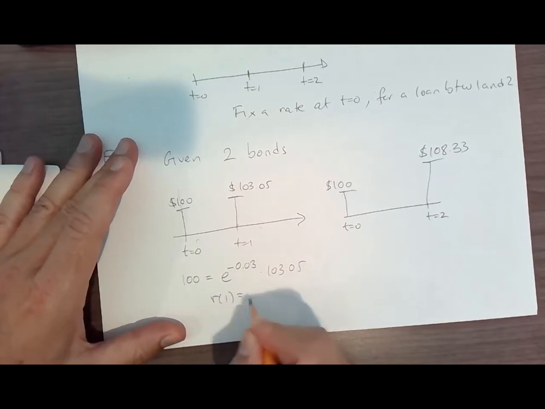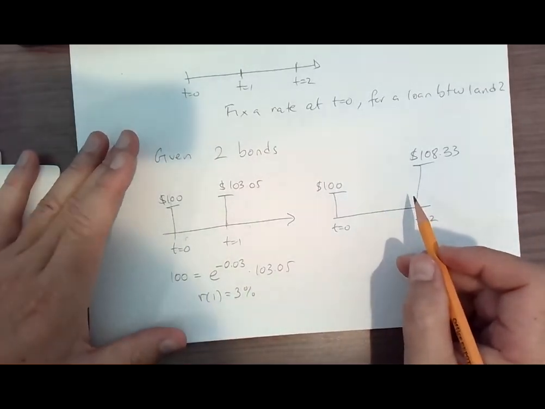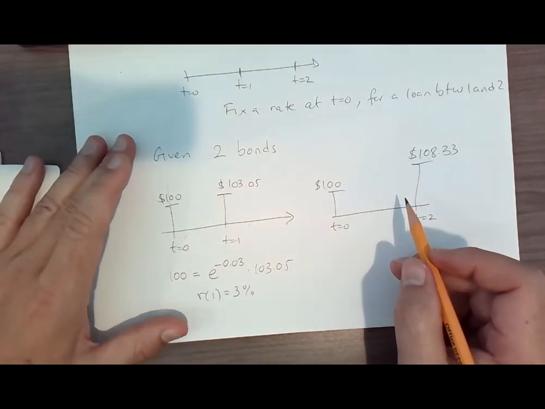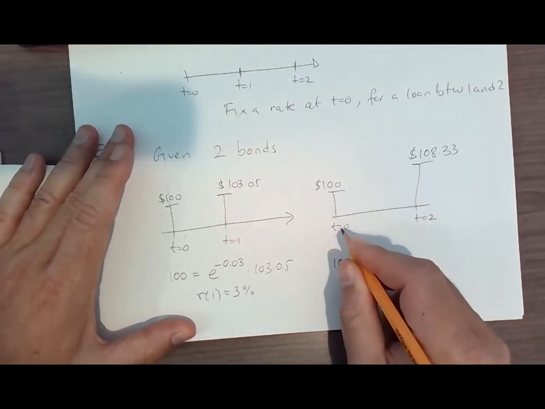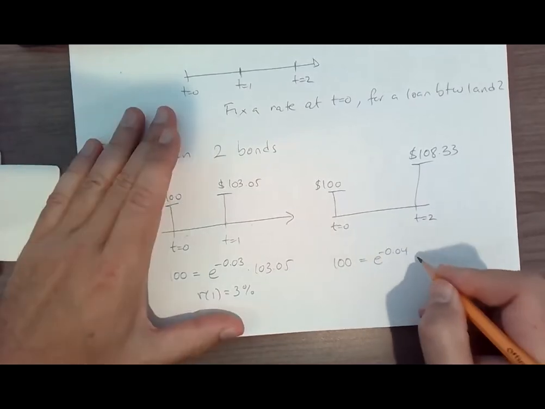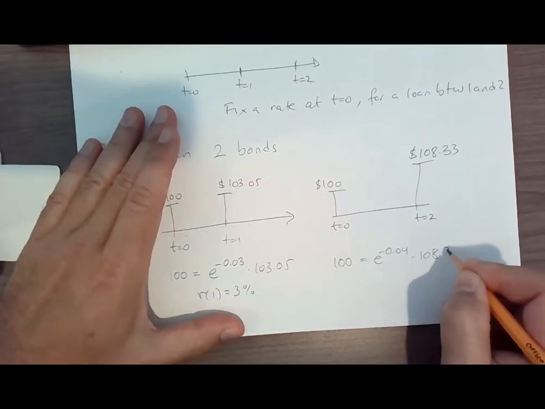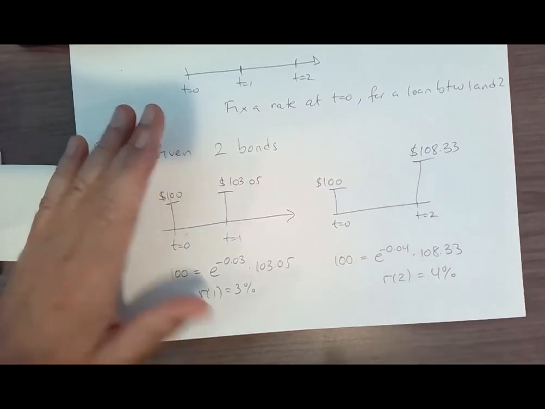R1 is 3%. Likewise, the interest rate that works from 0 to 2: 100 equals e to the minus 0.08 times 108.33, so R2 is equal to 4%.